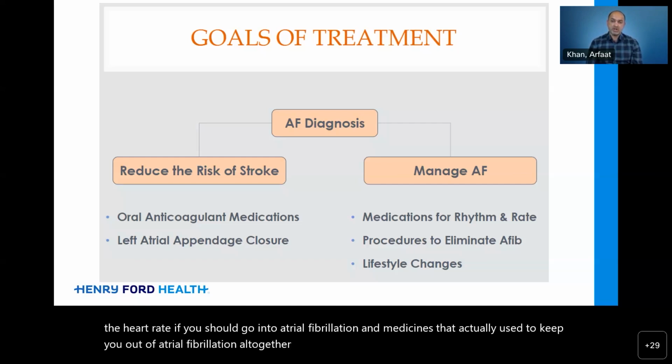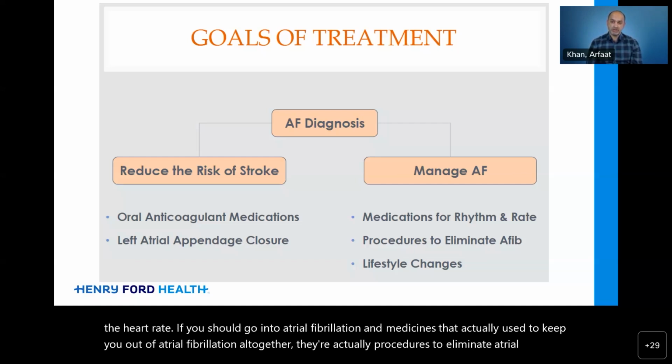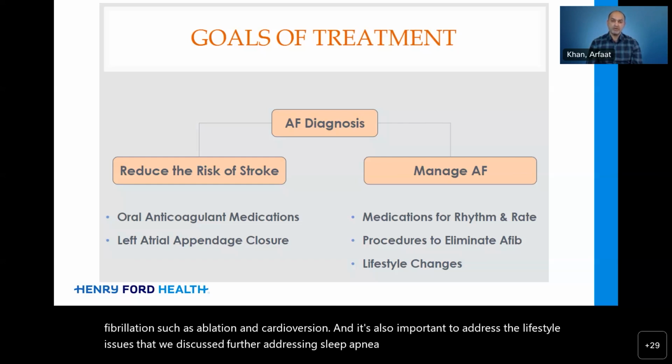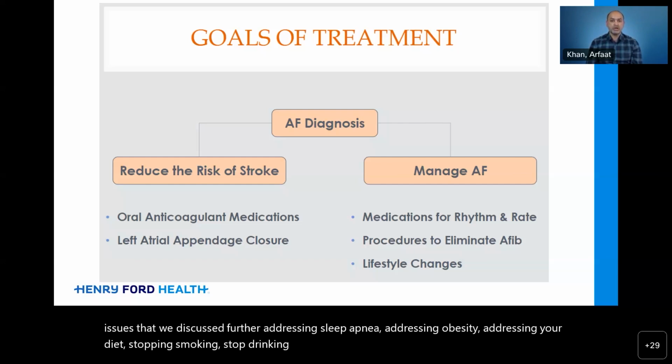There are also procedures to eliminate atrial fibrillation, such as ablation and cardioversion. And it's also important to address the lifestyle issues that we discussed further, addressing sleep apnea, addressing obesity, addressing your diet, stopping smoking, stop drinking alcohol. These are all things that we have to address when we see you have atrial fibrillation.